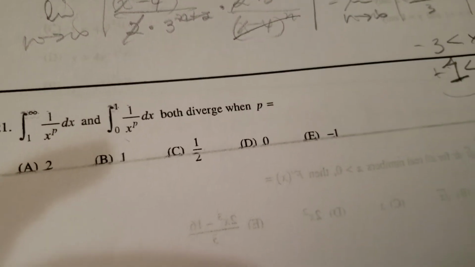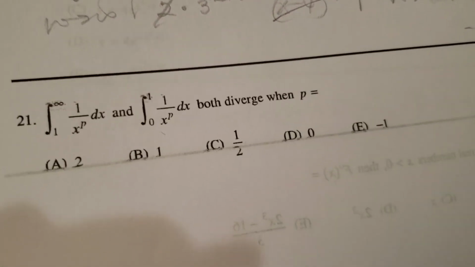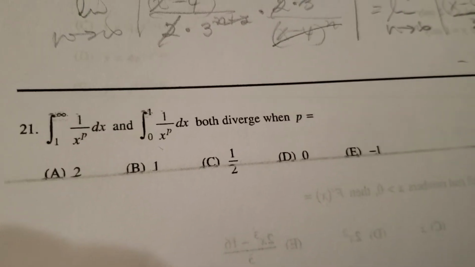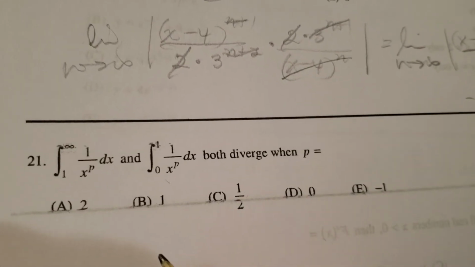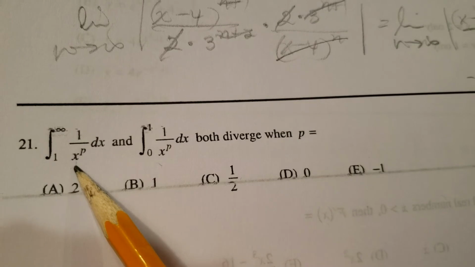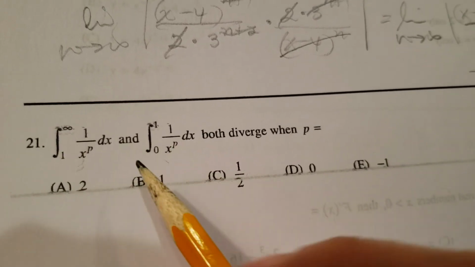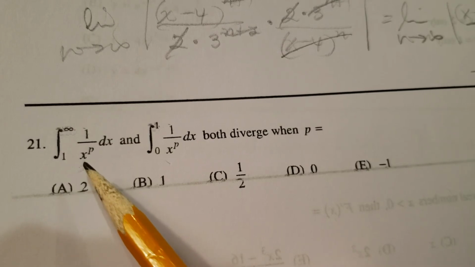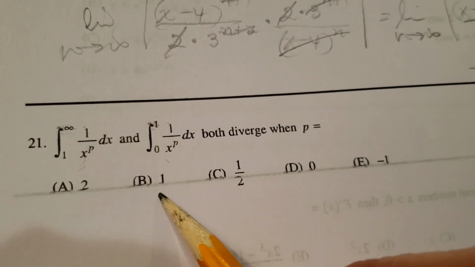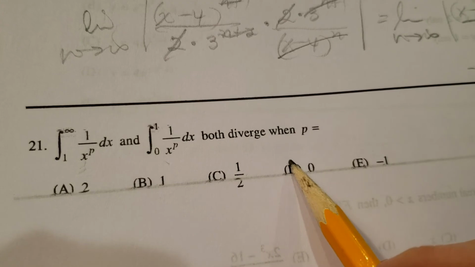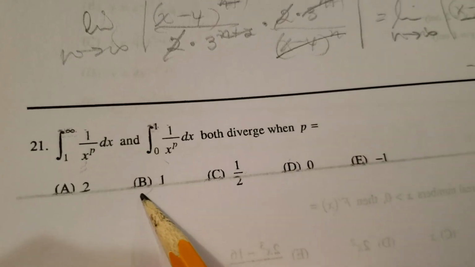21. Okay. There we go. A p-series. They both diverge. Well, if it's x squared, it's not really a p-series, it's the integral. I'm looking for the easiest one, which I think is 1.